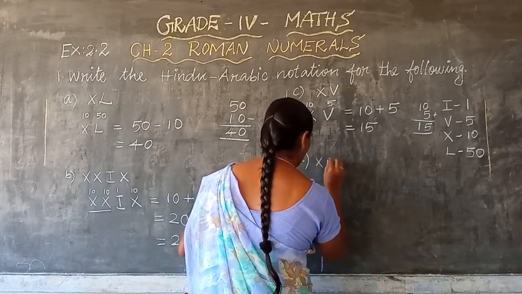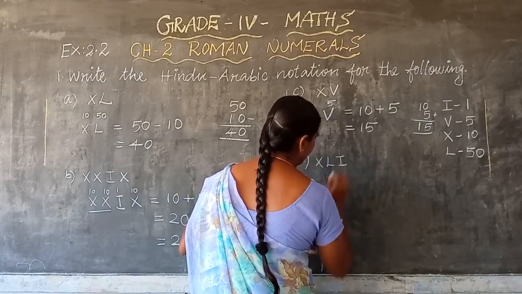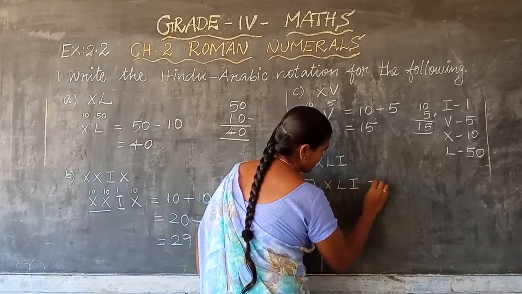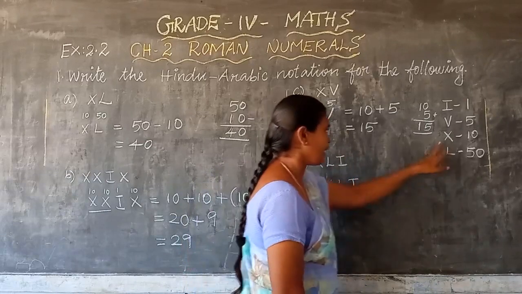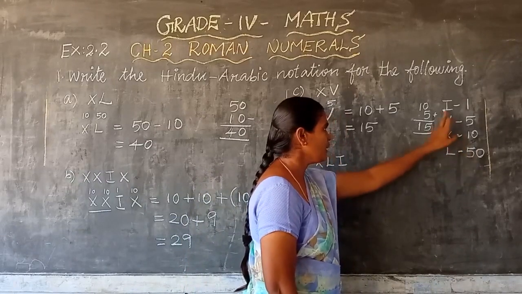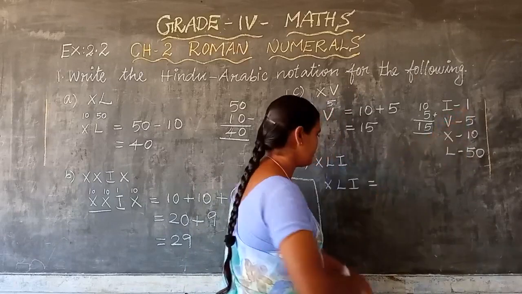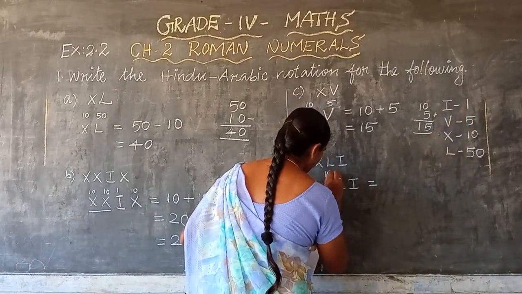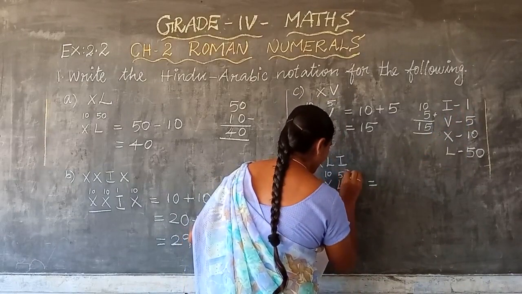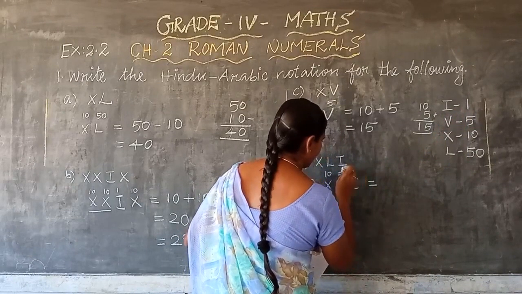XLI. XLI is equal to value of X 10, value of L 50, value of I 1. So 10, 50, 1.